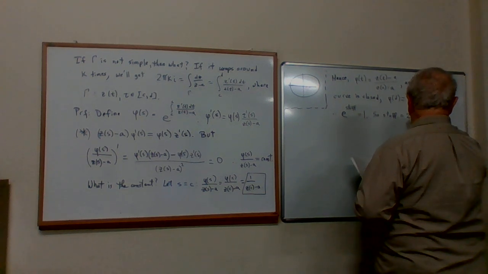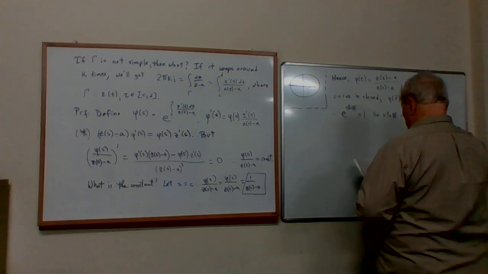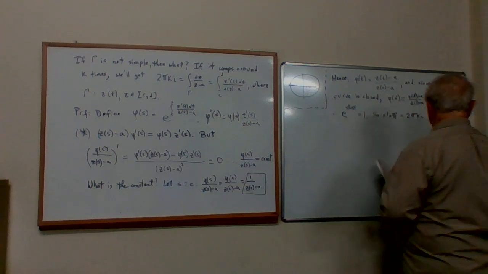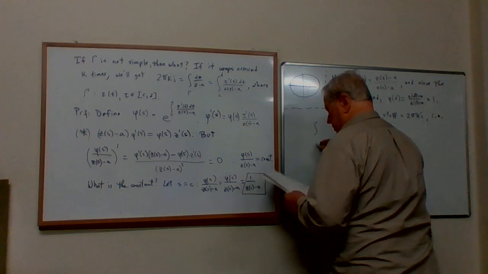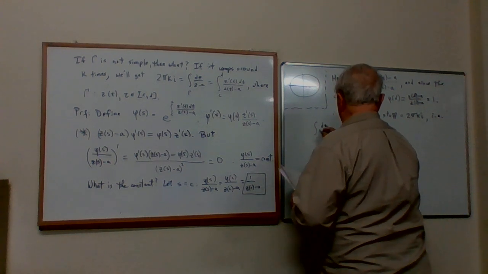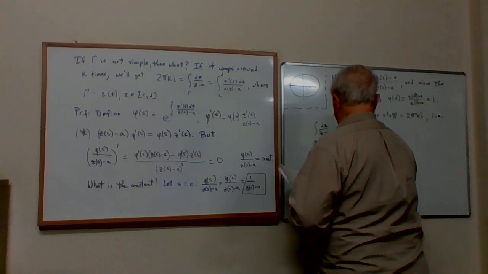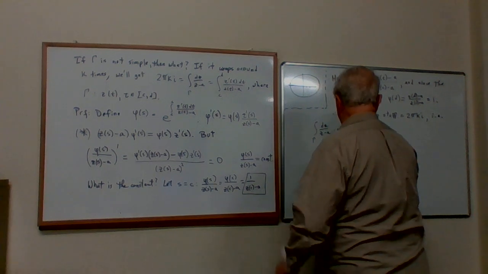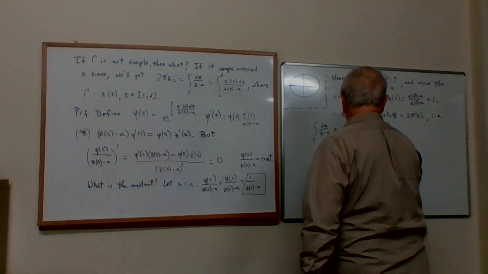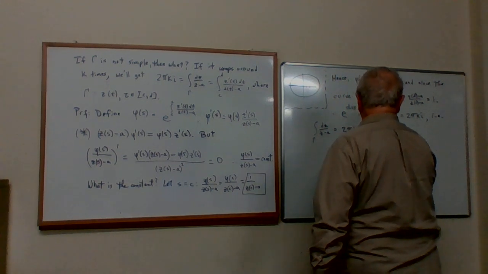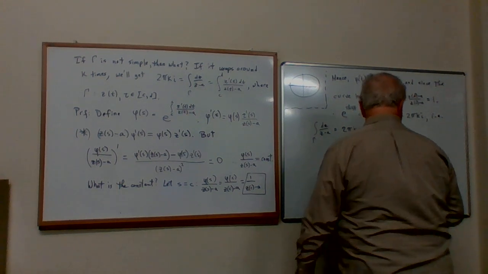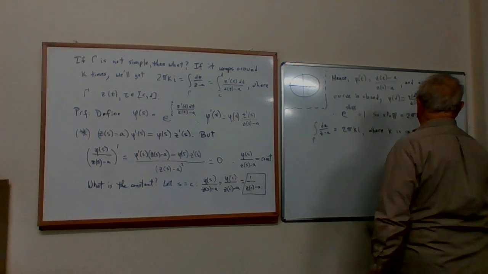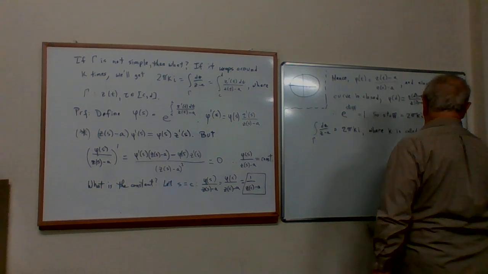So 2 pi k i, which is to say the integral of dz over z minus A over gamma is 2 pi k i, where k is called the winding number.